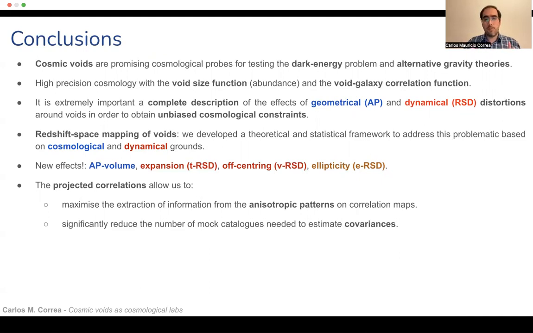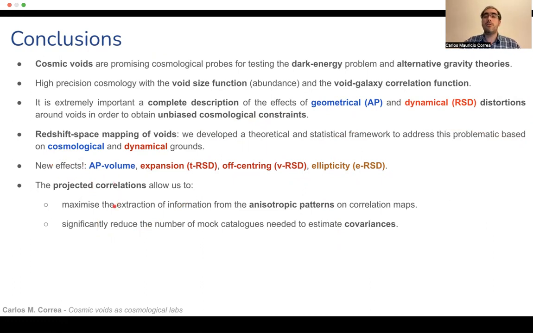So to address this problem, we developed a theoretical and statistical framework, the redshift space mapping of voids, that is based on cosmological and dynamical grounds. And we found very interesting new effects that were not taken into account previously.